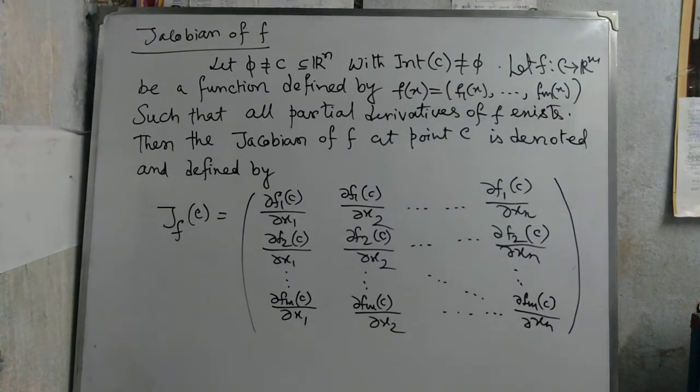So this one is the Jacobian of f at point c.